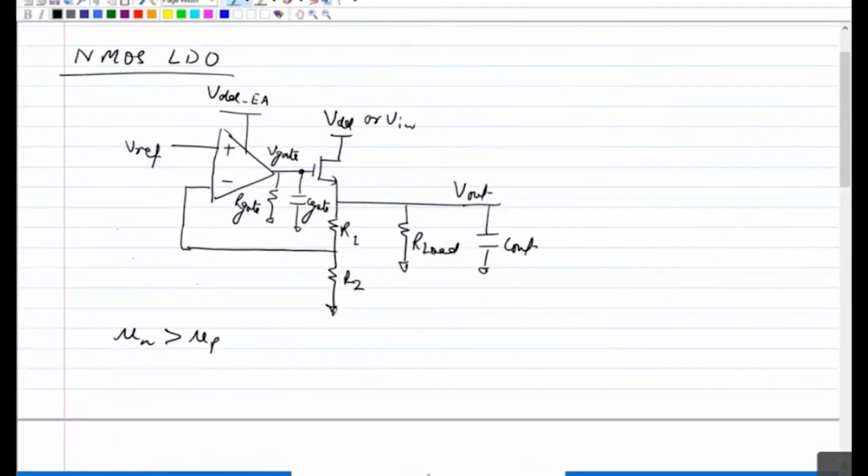Let's say the VDD was 1.2 volt and you require 1.6 volt, so you need to boost it, so you require a capacitive charge pump. Or in your system, let's say you have 1.2 volt and 1.8 volt both, then you can hook up your error amplifier to 1.8 volt. So that's what you need to do.